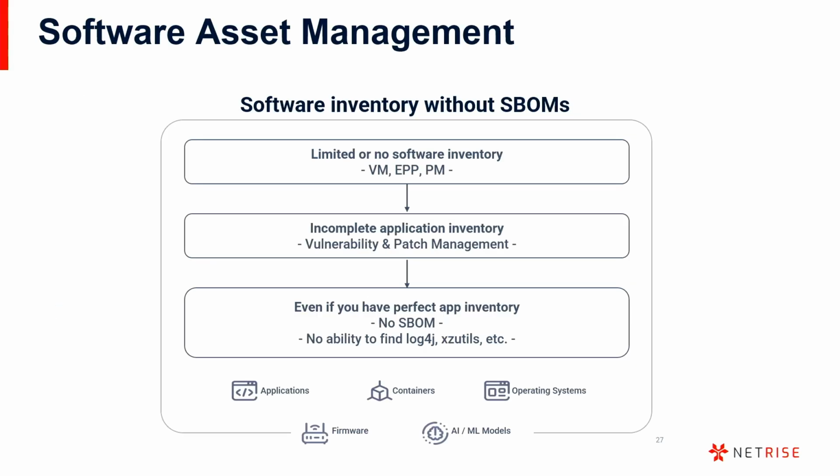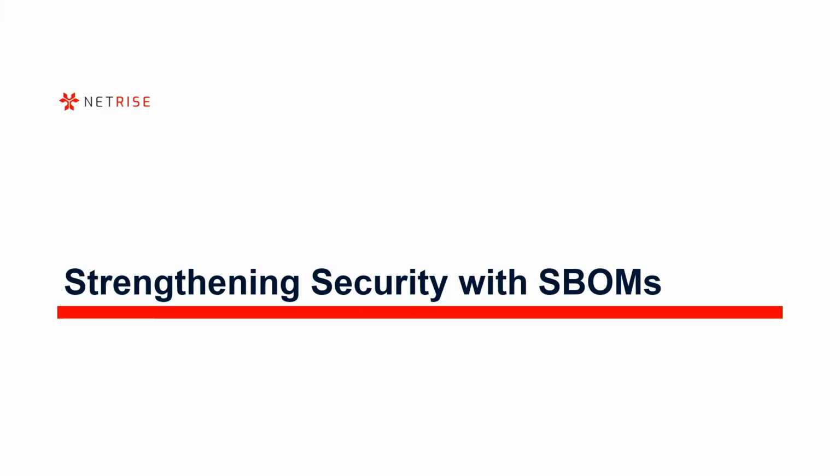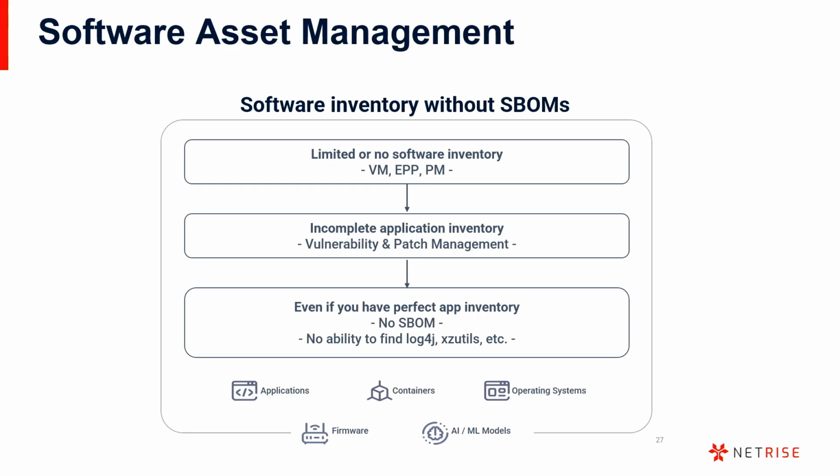So what this slide represents is a number of ways, I talked about this already, where, if you have a software inventory, you can start working on getting these things from vulnerability management and patch management solutions, but at best, those things are going to get you to an application inventory.